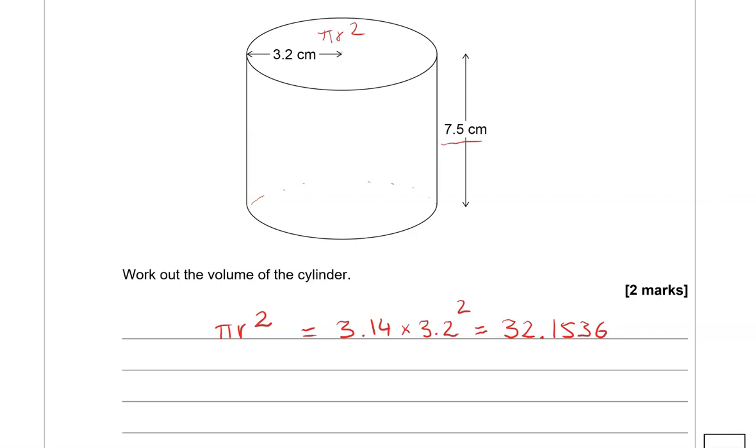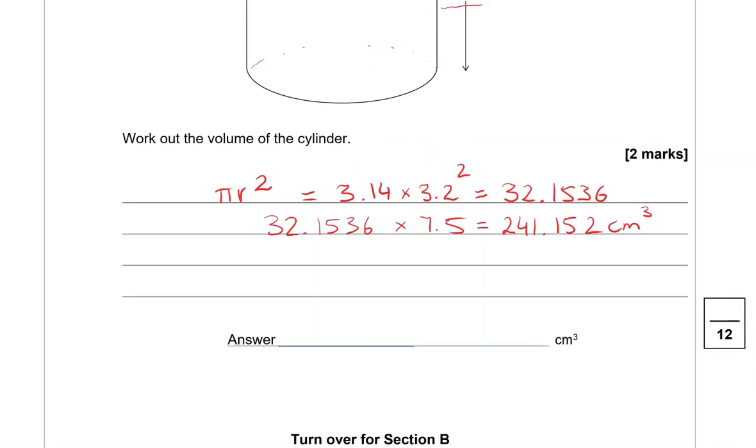Now we're going to multiply that by 7.5 to get the volume, and that is 241.152 centimeters cubed, or cubic centimeters. Let's write the final answer here.